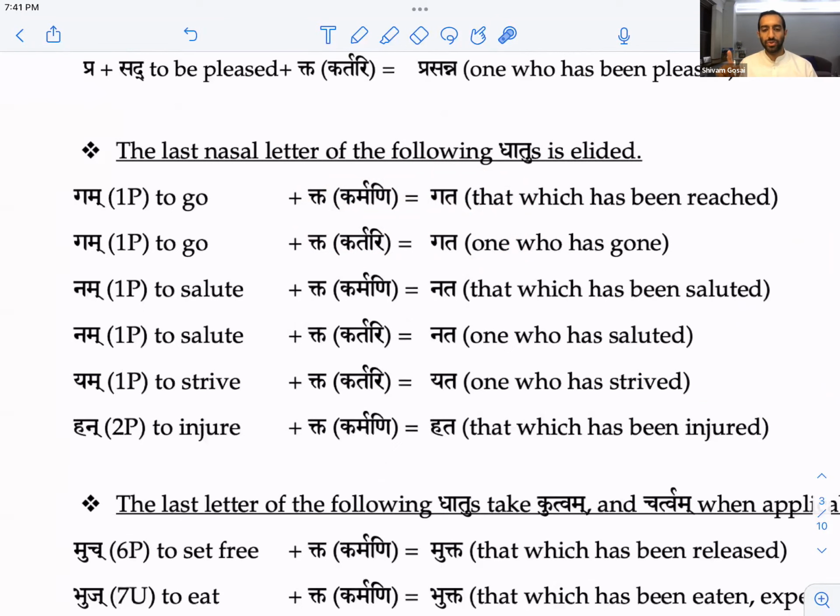Is it referring to a karma? Because the karma will be in the same case. If it's karmani, the object will be in samanadhikaranam. If it is kartari, the karta will be in samanadhikaranam. Based on that context, you can tell which is being said.